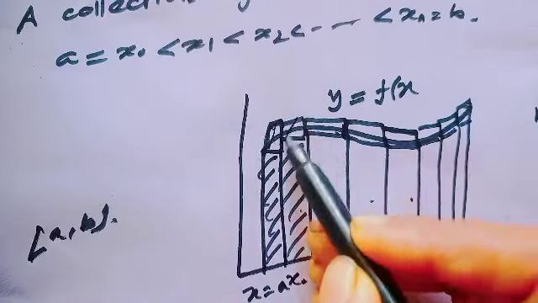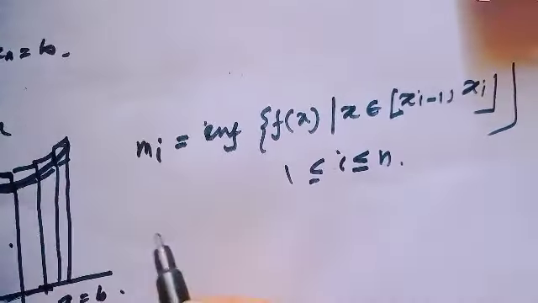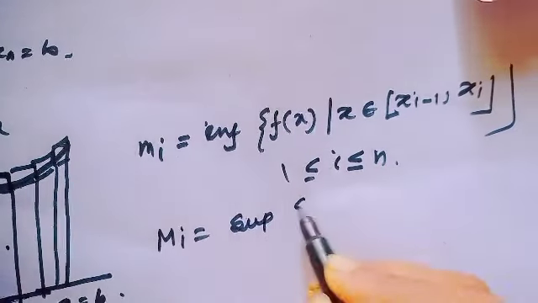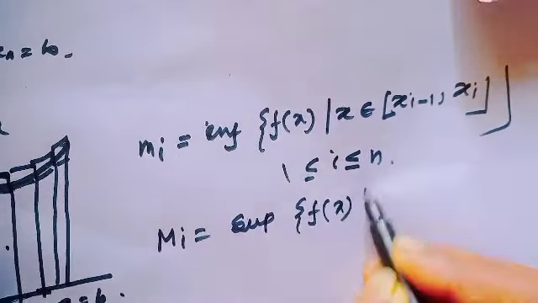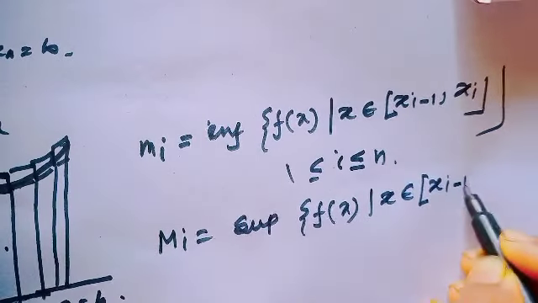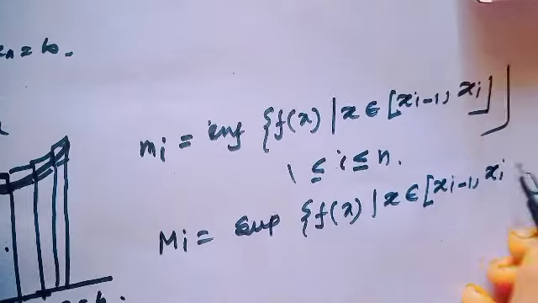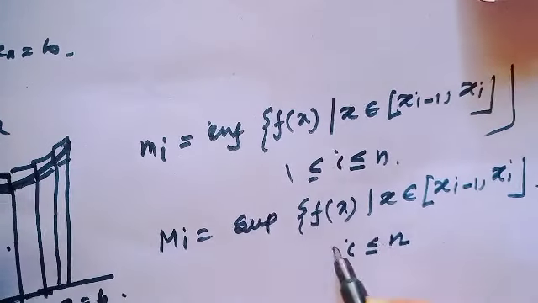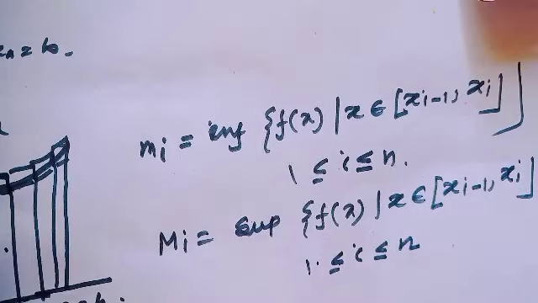And for this rectangle, similarly define capital Mi equal to the supremum of f(x) where x belongs to the closed interval [xi minus 1, xi], where i goes from 1 to n. Are you getting the idea?